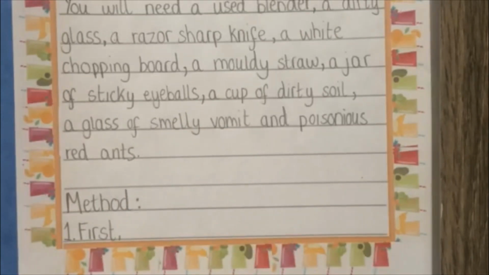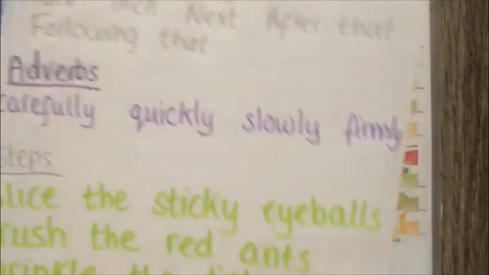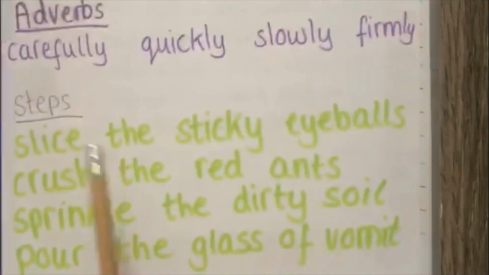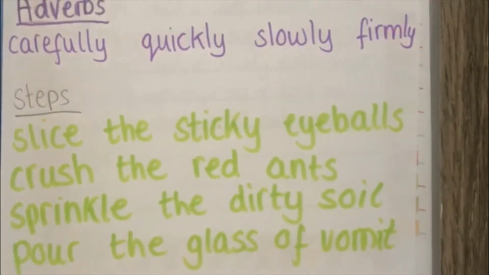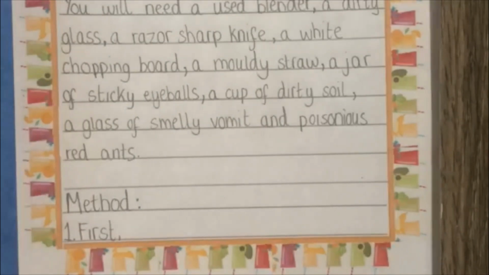First, what do I want to do? So I can look to my adverbs and I can look to my steps to help me for ideas. When making a smoothie, rather than getting 2 slices of bread, I need to think what's really important for a smoothie. I know because I'm using a blender, I have to make sure my blender is plugged in so it will work.